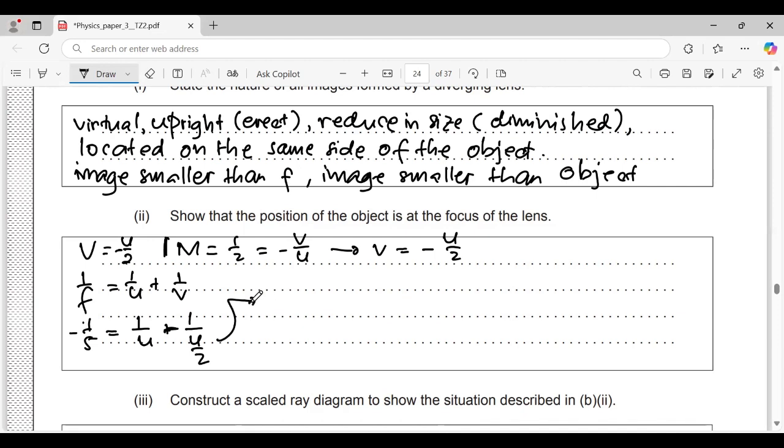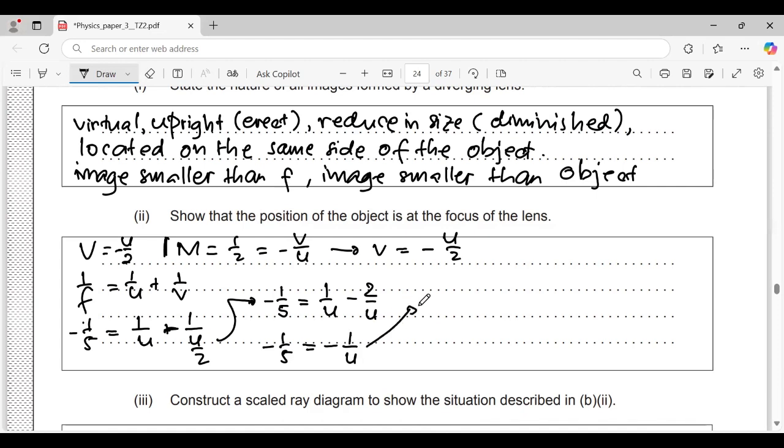So it becomes minus 1/5 equals 1 over u minus 2 over u. And it becomes minus 1/5 equals minus 1 over u.